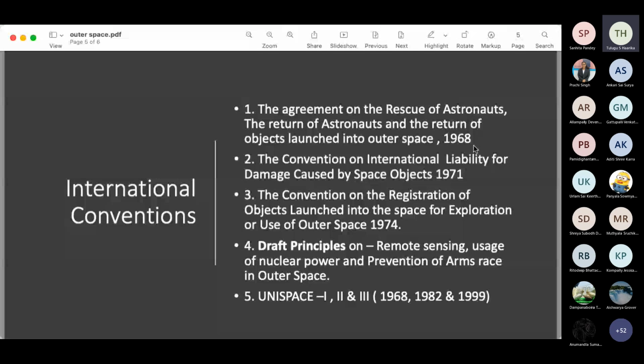Any space object that can be returned to Earth, if not in its own territory, can also land in any other nation through this particular agreement.